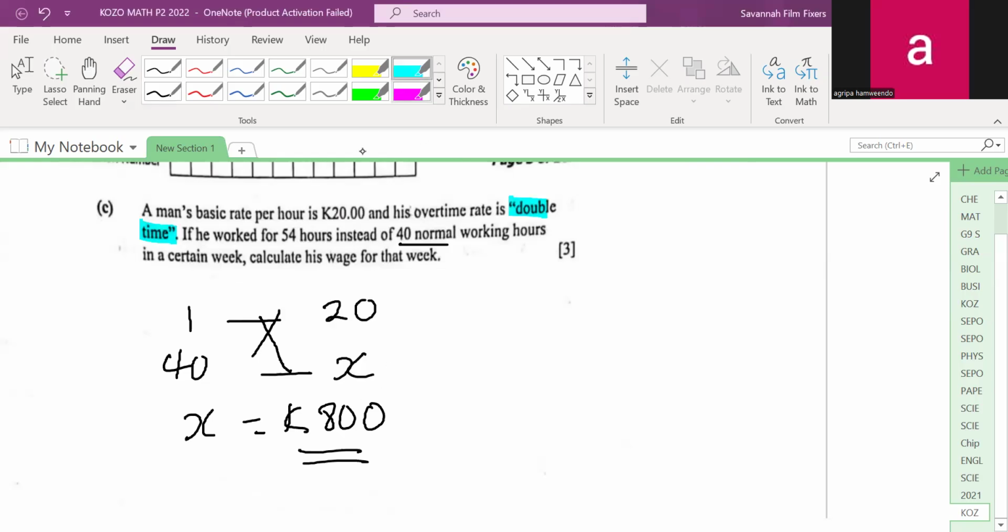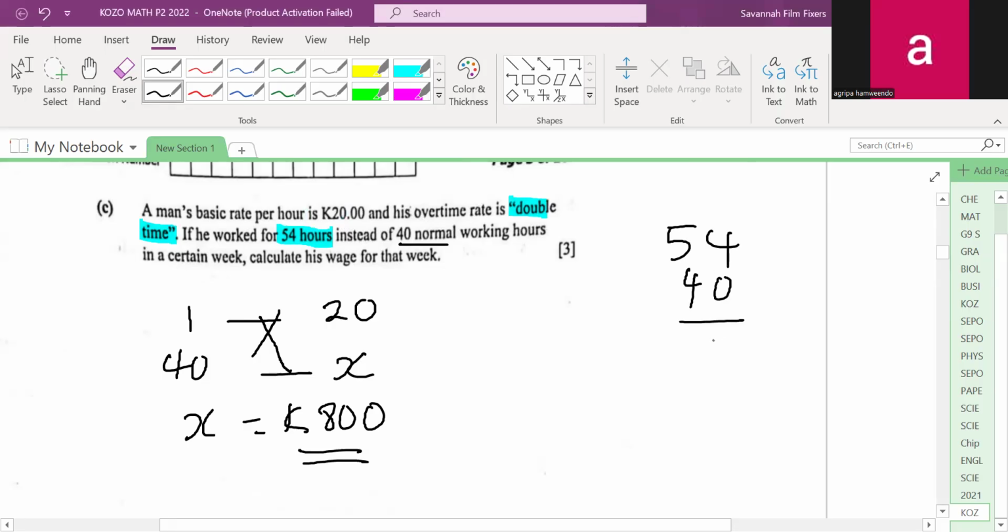But we've been told he's worked for 54 hours, right? Say 54 minus 40, he has got 14 extra hours, right? So this is his overtime. And it's double. So he's not going to make 20 kwacha for this overtime.